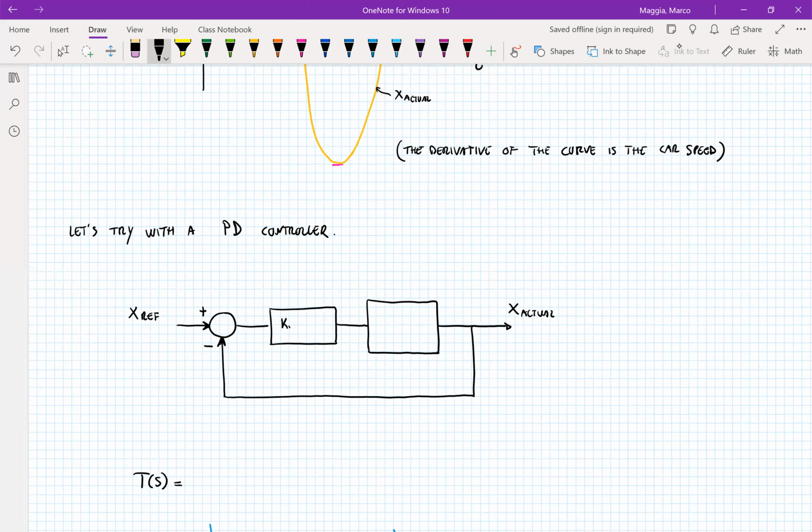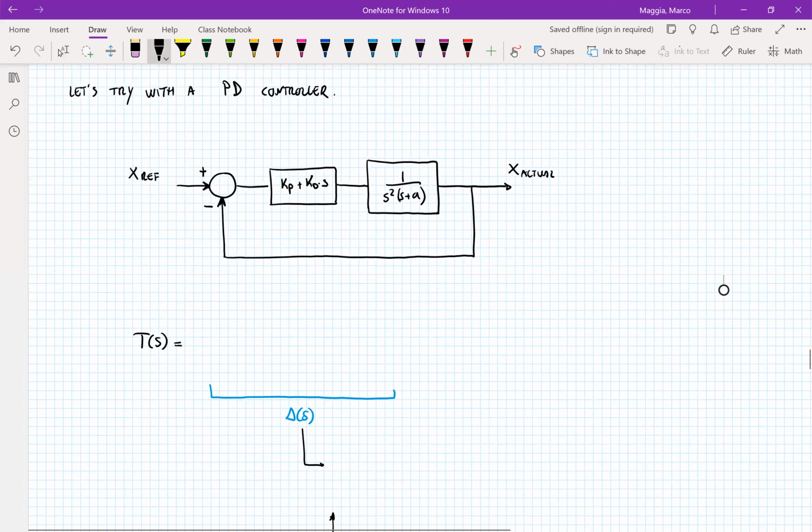So here we have Kp plus Kd times S. Now we have the derivative part of the controller applied to our new plant, which is a third order system. So our closed loop transfer function is slightly different.